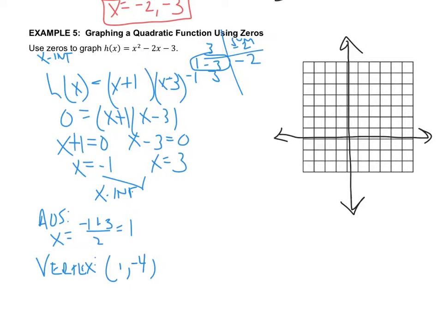There's my x and my y. My vertex is at 1, negative 4. Then I do negative 1. I go to my 3. And then I can draw my curve. And I get the graph.